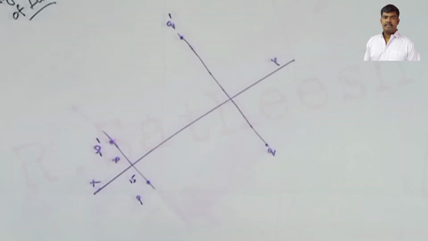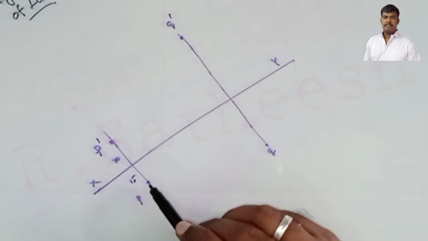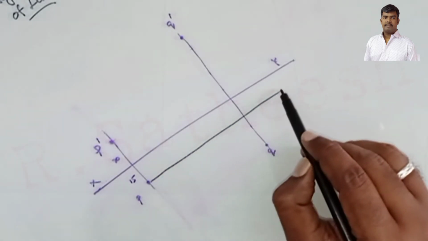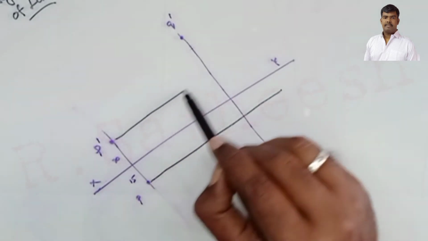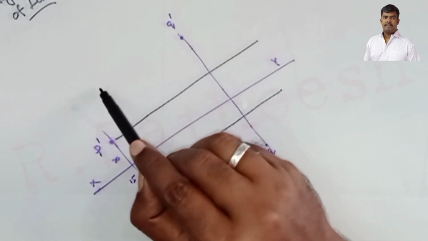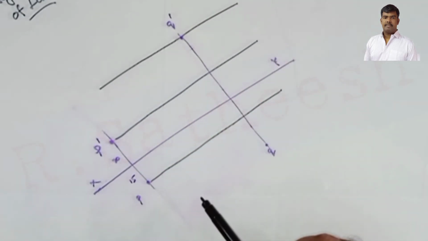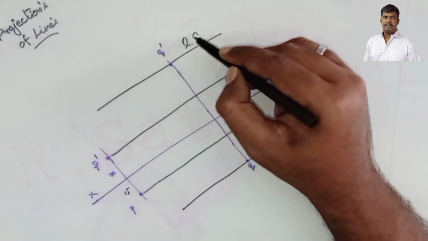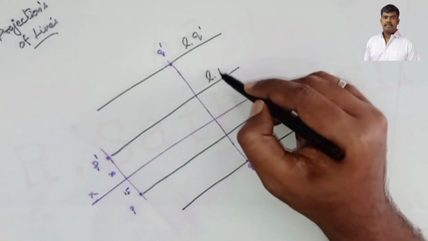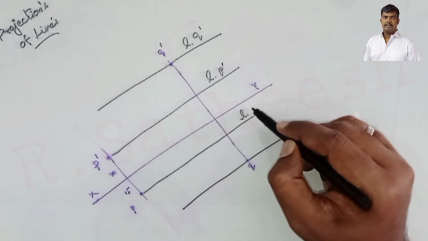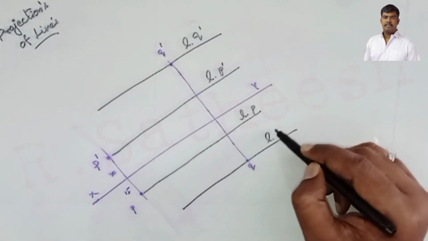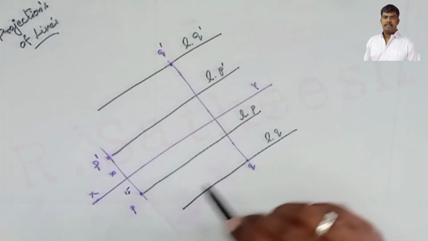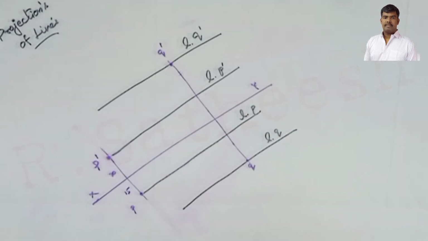After that, we know this is the locus of P, this is the locus of P dash, this one is the locus of Q dash, this one is the locus of Q, correct? Because of the points P dash, Q dash, like that.